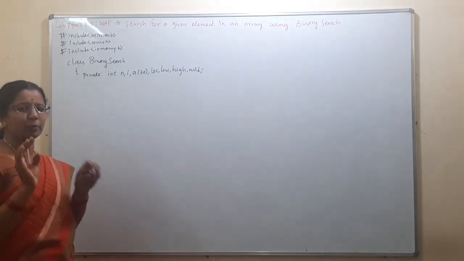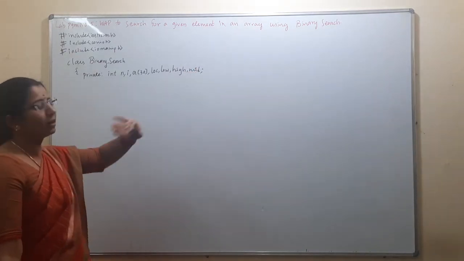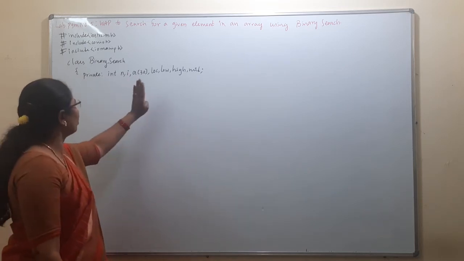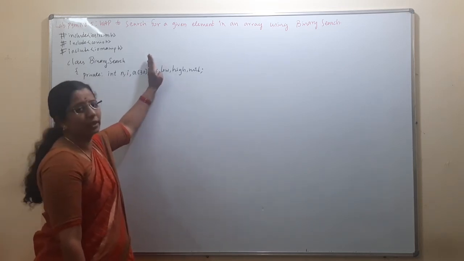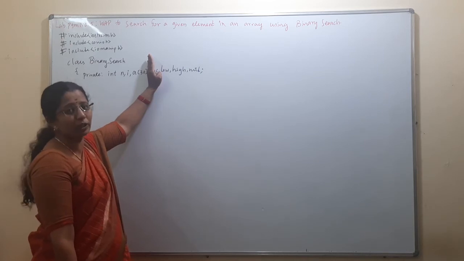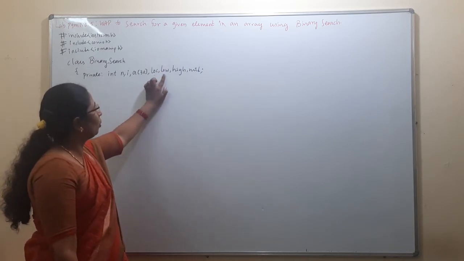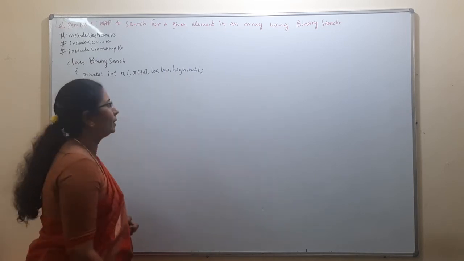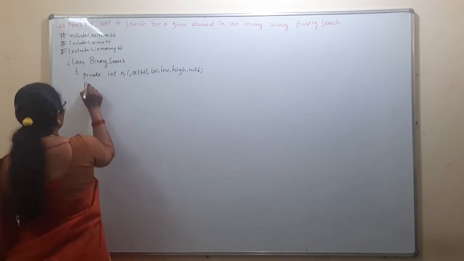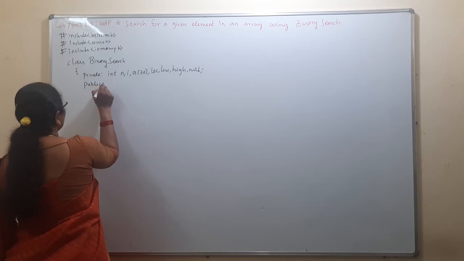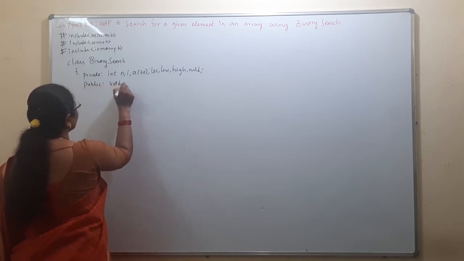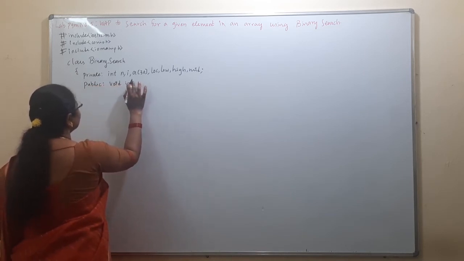If you know the program, then you can easily write the pointers. Every program from program number 1 to 5 has the same elements. According to this program, we need location, low pointer, high pointer, and mid. So data members finished.